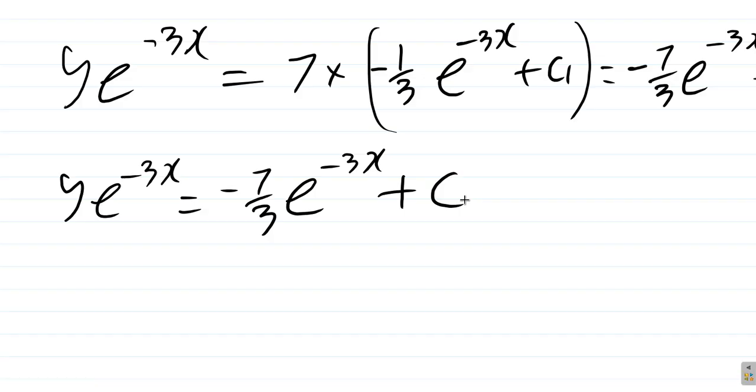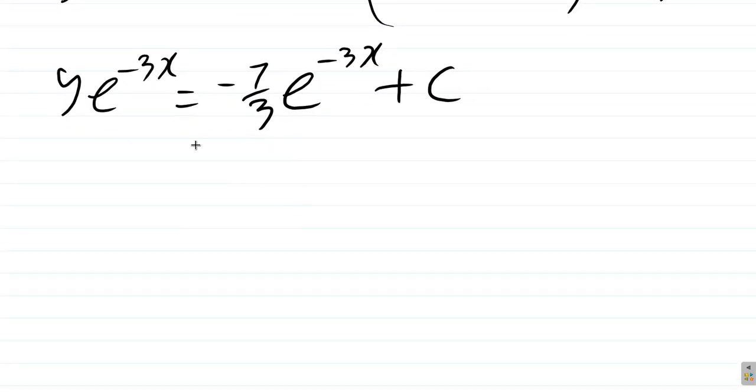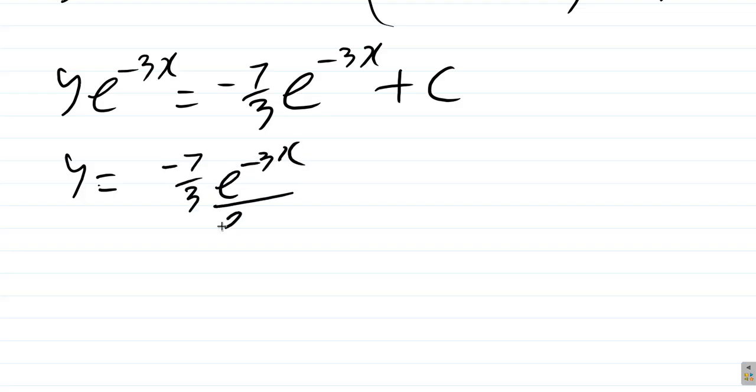After that, you divide both sides. To get y equal, you divide both sides by e to the negative 3x. So y equals, because e to the negative 3x will cancel itself when I put it under here, y equals negative 7 over 3 e to the negative 3x over e to the negative 3x plus c over e to the negative 3x.